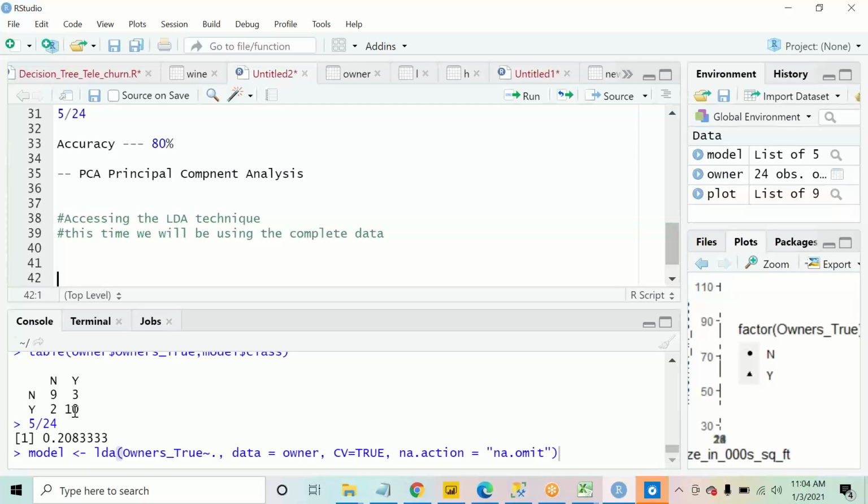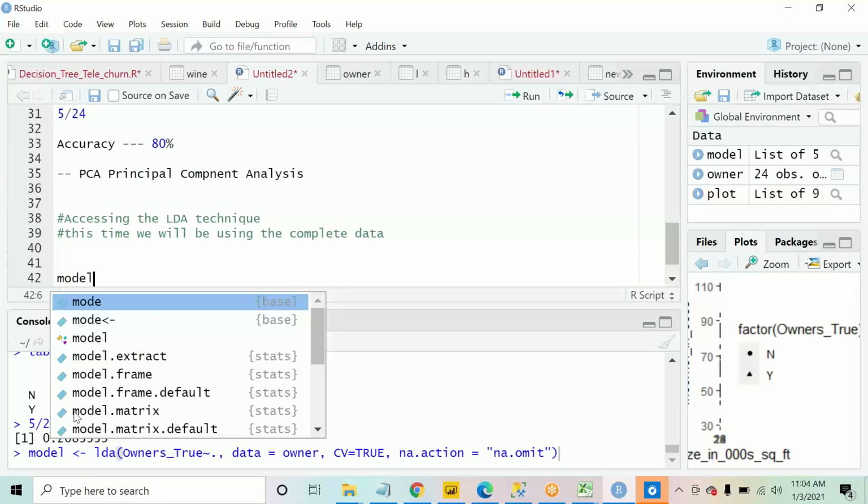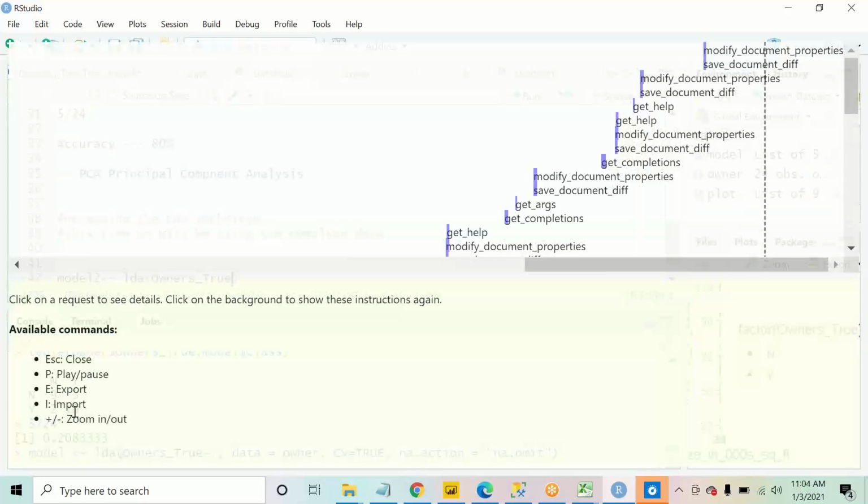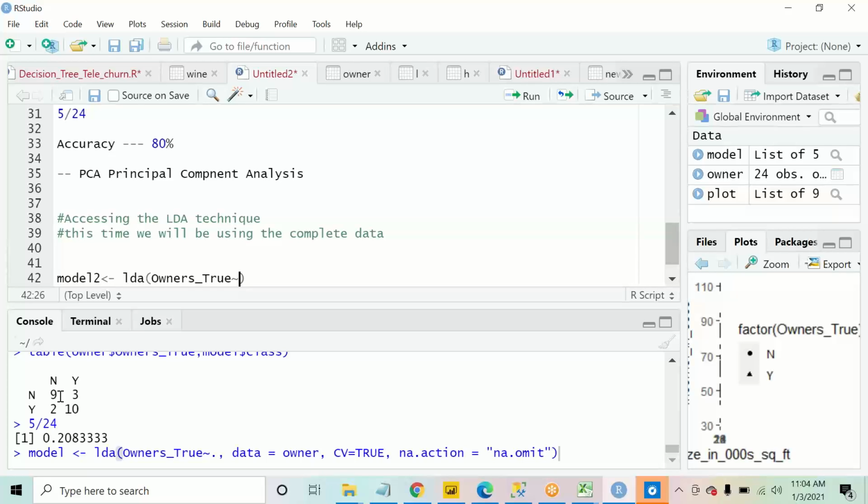So what I will do now is, I will first of all create a model. I'll call it model 2. I will be using the LDA approach, right? Now I will simply define that this is my target variable, owner underscore true, that is the name of the variable, is dependent on all the variables.